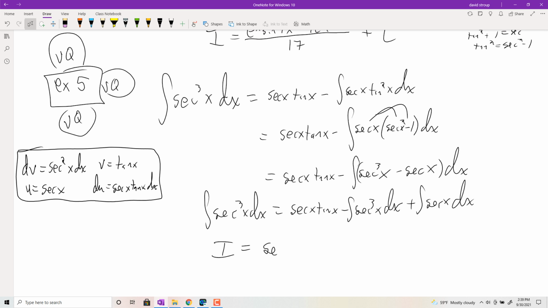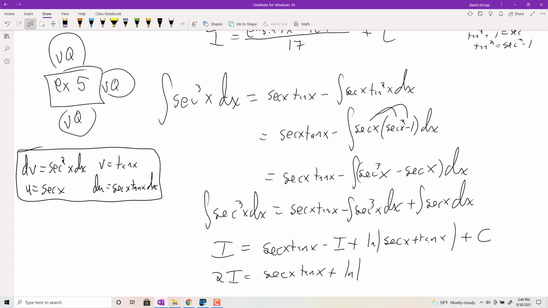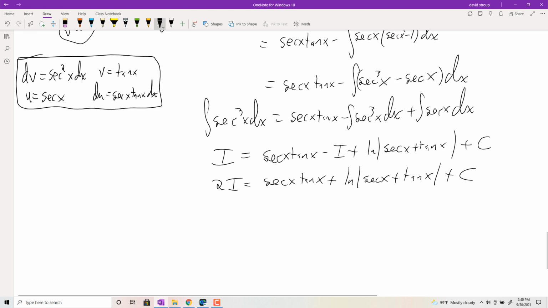I'll say I. Then I have secant x tan x minus I plus the integral of secant. That's not one of the ones I force you to memorize, but it's the ln of secant x plus tan x. And then, of course, we have that integration constant. Move the I to the other side, so add I on both sides. You get 2I equals secant x tan x plus ln absolute value of secant x plus tan x plus c. And then finally, just divide by 2 and you're home free.